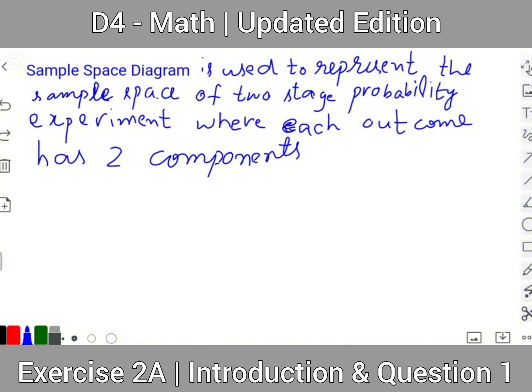So here we have learned one method to find the probability of combined events, and that is the sample space diagram.